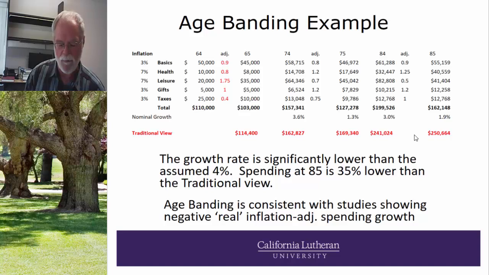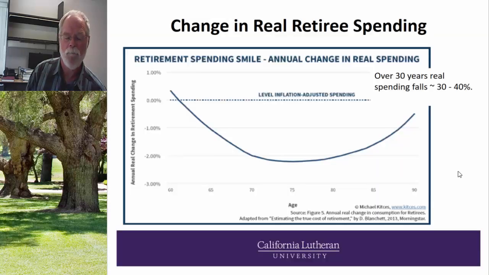I just read something from BlackRock, which confirms that spending as you get into your 70s and especially in the 80s really doesn't go up even as much as Blanchett assumes, and it's significantly lower than we typically assume for retirees. So this is kind of that whole picture.